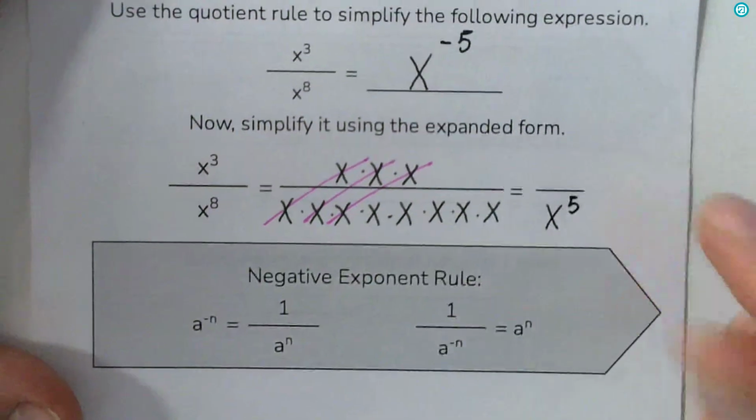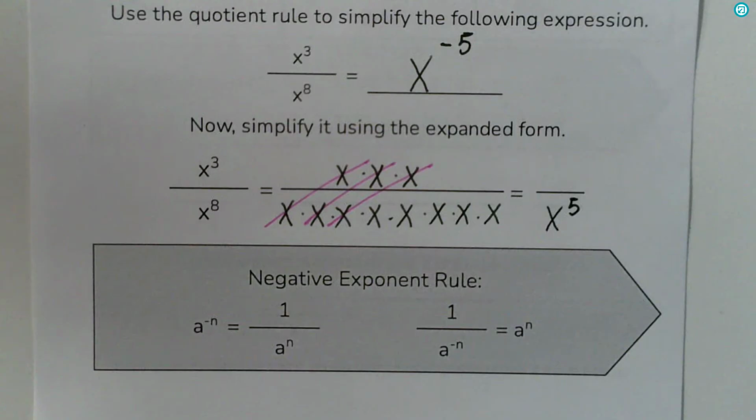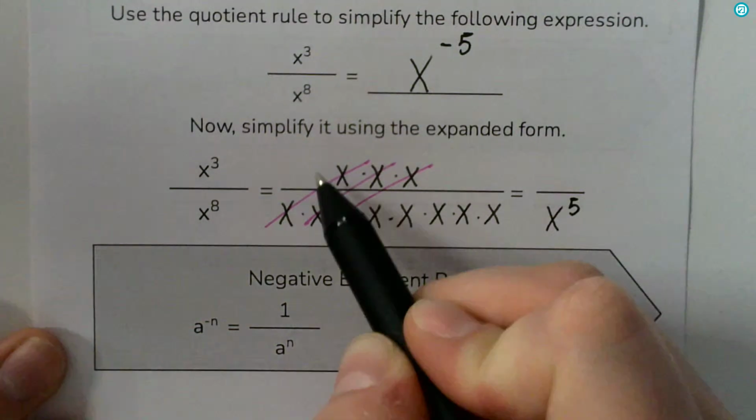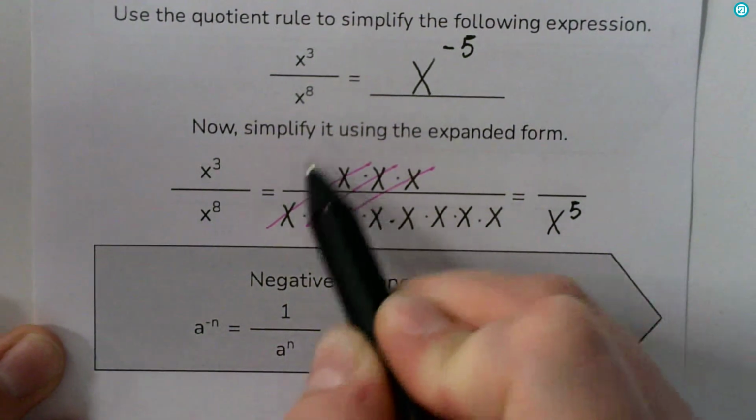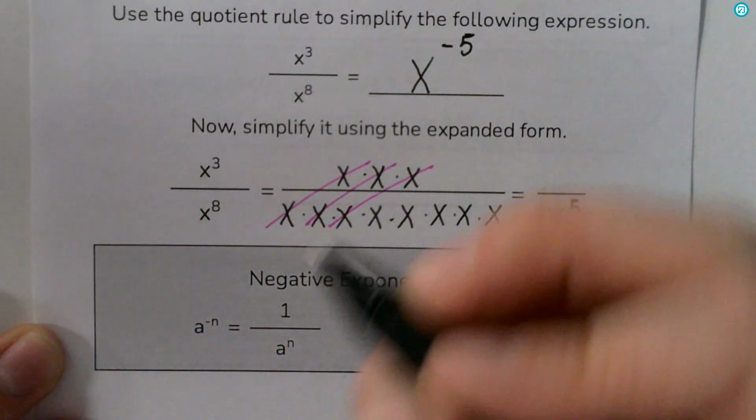What do I have left on the top? How many x's are there on the top? So there are no x's. If I were going to put a coefficient here, what coefficient could I have put? A 1.